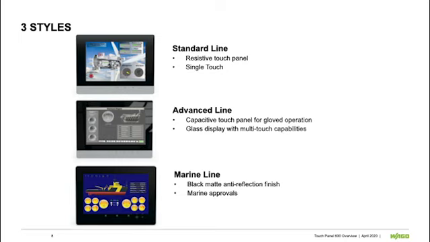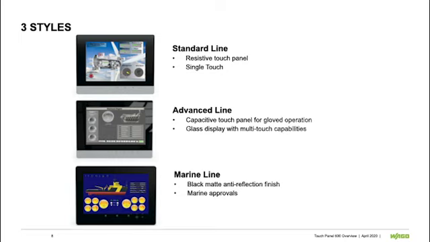The advanced line has a glass display. It also has multi-touch capabilities. This may be used in the event you want the operator to touch 2 buttons before starting an operation. For example, you may have them press the unlock button and the start button at the same time to reduce the risk of starting something with a single touch.